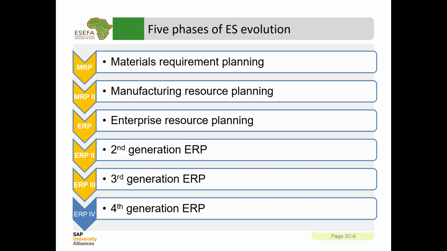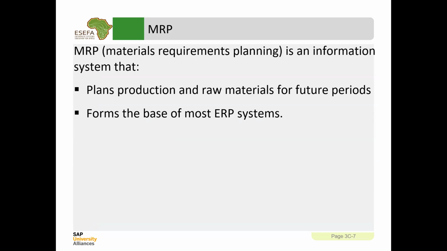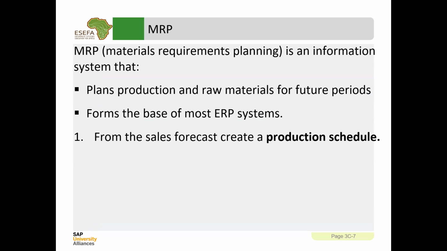So this is just an overview, a flow of the evolution of enterprise resource planning. As I said, just a note, we saw material requirements planning formation, which plans production and raw materials for future production, and forms the basis for most ERP systems.